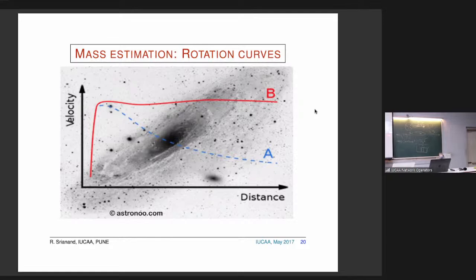Now you can compare with this. In one place you are doing the physics of stars and how they emit light. In another place you look at the kinematics of the gas, assuming it follows Newton's law. That means there is an underlying gravity in which this material is rotating. If you do this, you estimate a mass which is much, much larger, sometimes 100 times more than what you see in light.